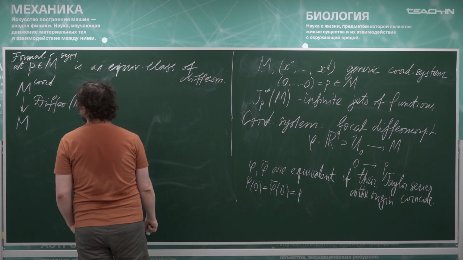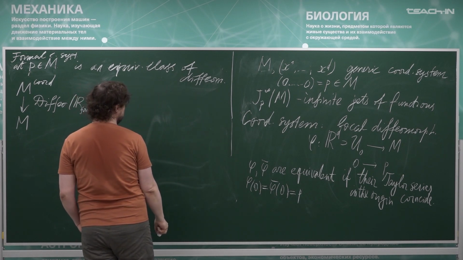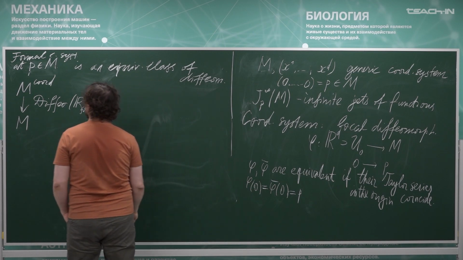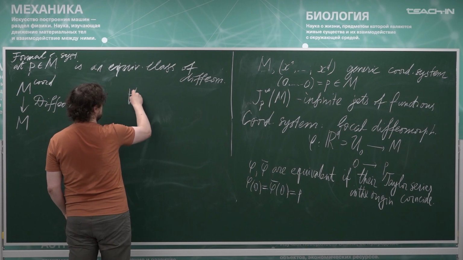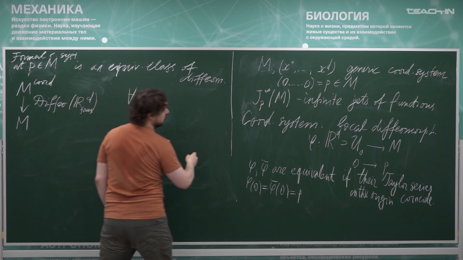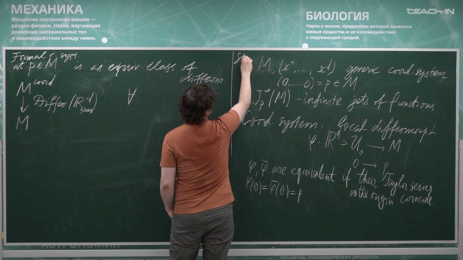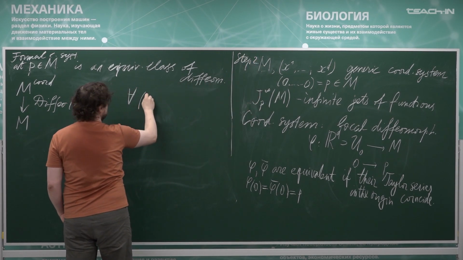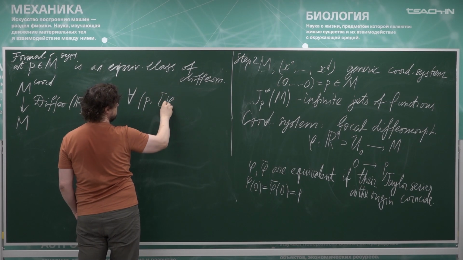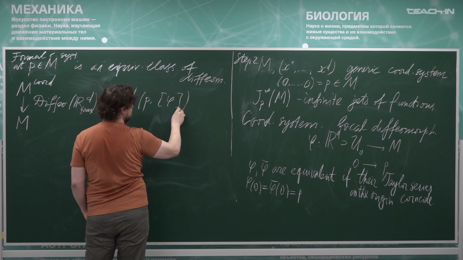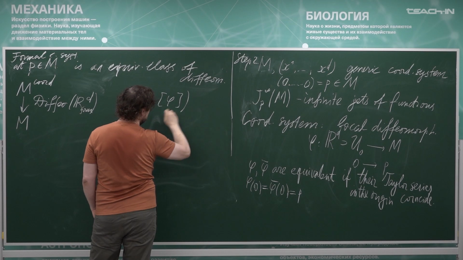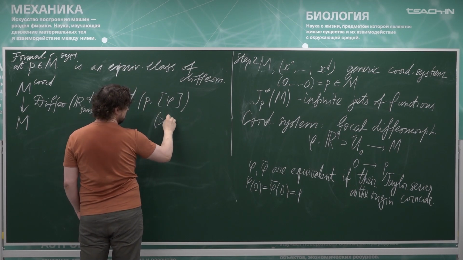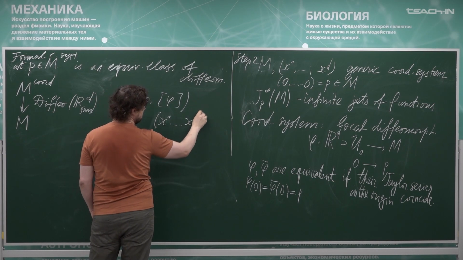So we have an infinite dimensional fiber bundle over M. That's probably step 2 for us. For every point P and the class of diffeomorphism phi at this point, we have a choice of formal coordinates x1 through xd.